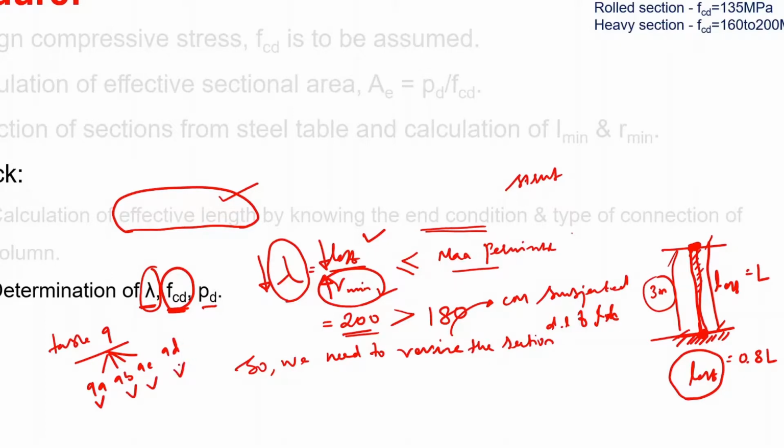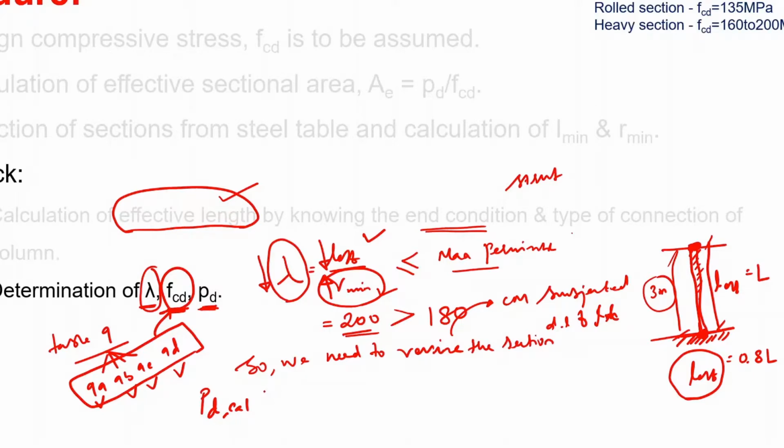Once you know the buckling class, then you can decide which table among the 4 should be used to calculate the design compressive stress fcd. Once you know the design compressive stress, then you calculate the axial compressive strength of the selected section. So this is the Pd, the calculated strength of the section.